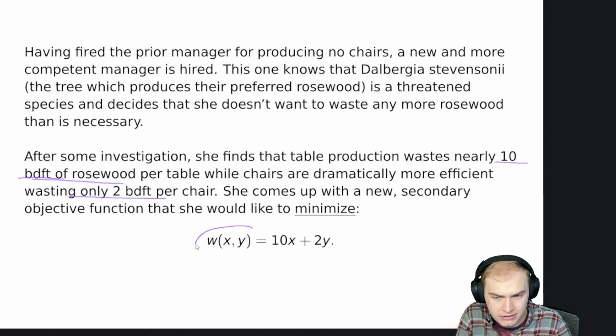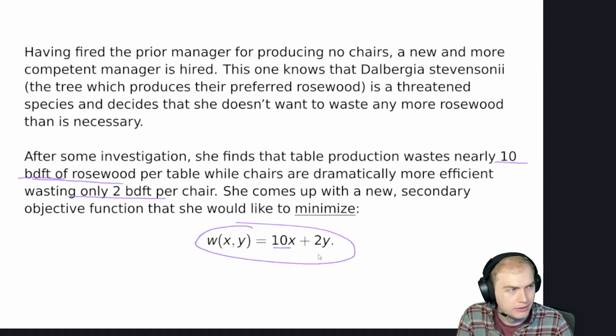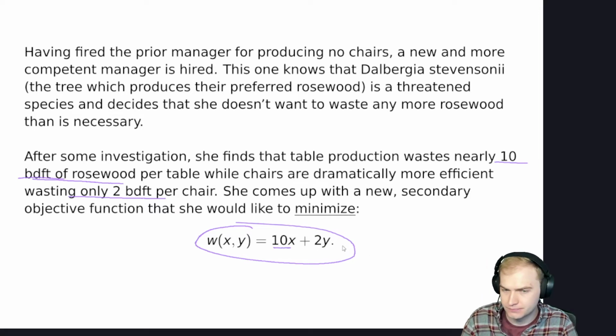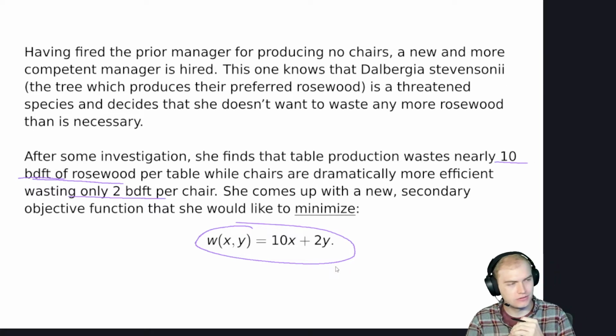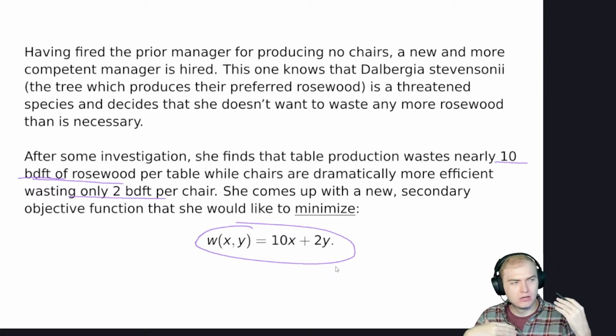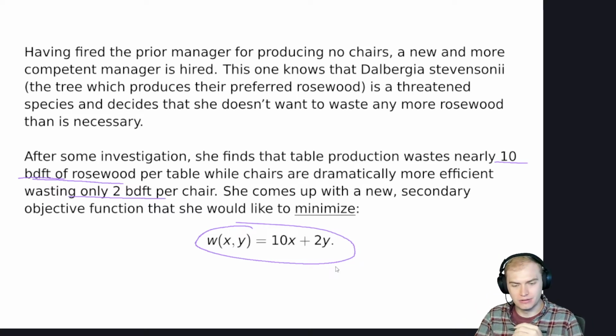She wants to minimize waste. 10 per table, 2 per chair. So now we have multiple objective functions, and we need to come up with a few ways to deal with having multiple objective functions.